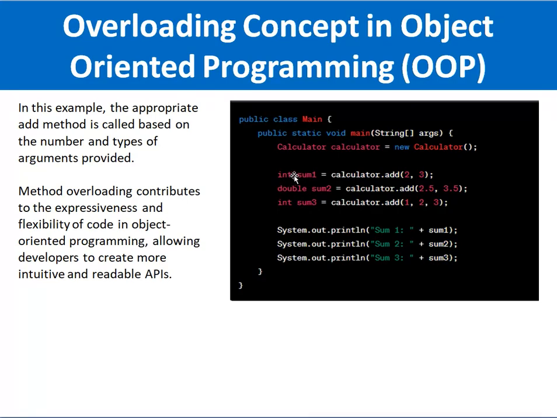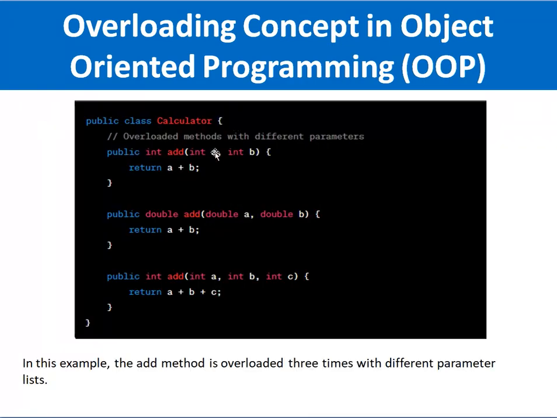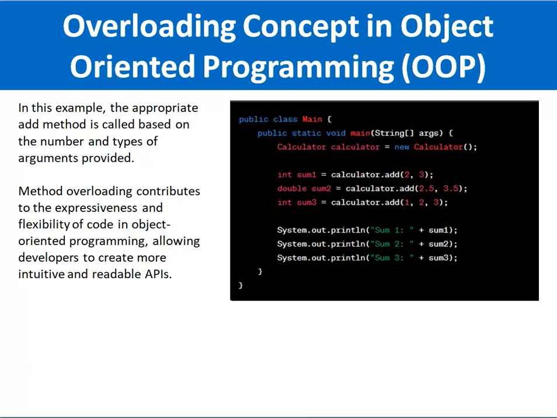Then we have called int sum1 equals calculator dot add 2 comma 3. When we call this, it will call this method, because these are the two integer parameters. Then double sum2 equals calculator dot add 2.5, 3.5.